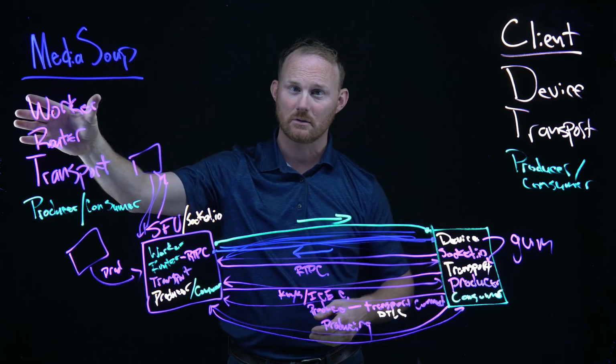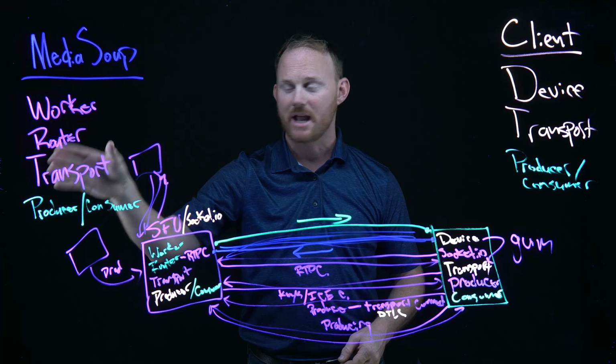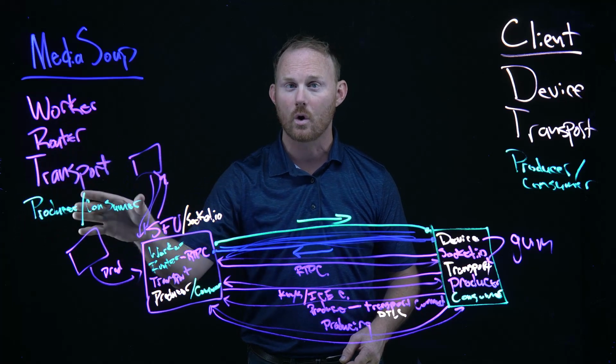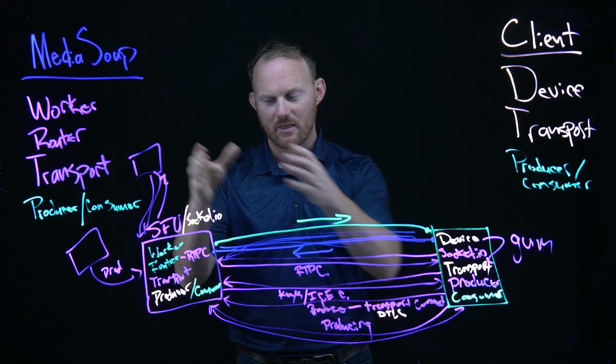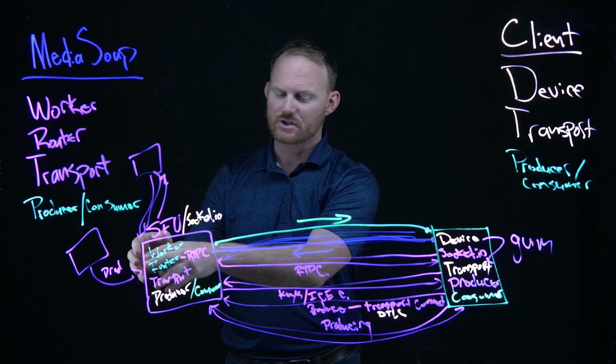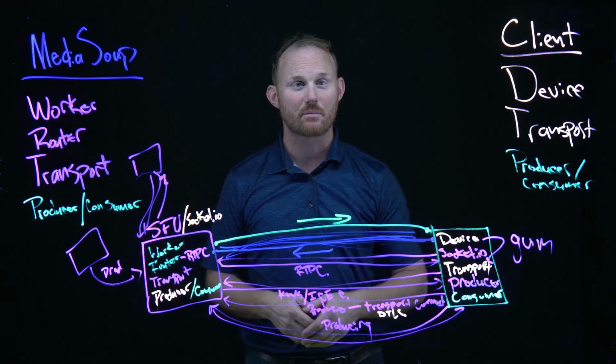MediaSoup has a worker, has a router, has transports, a transport has either one-to-many producers or one-to-many consumers. That's the server's job.